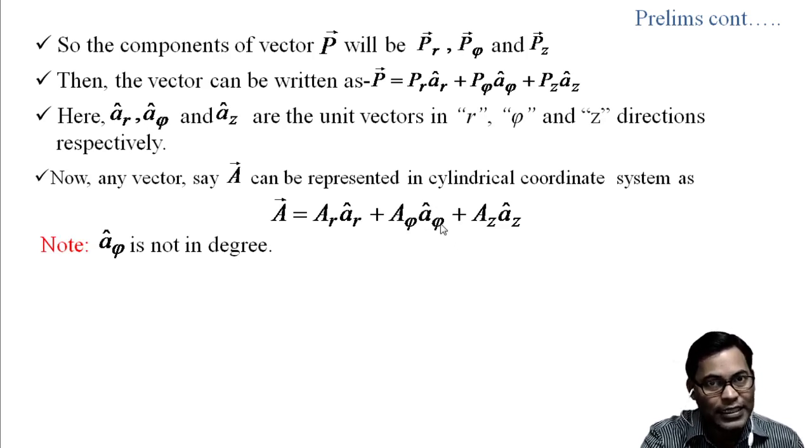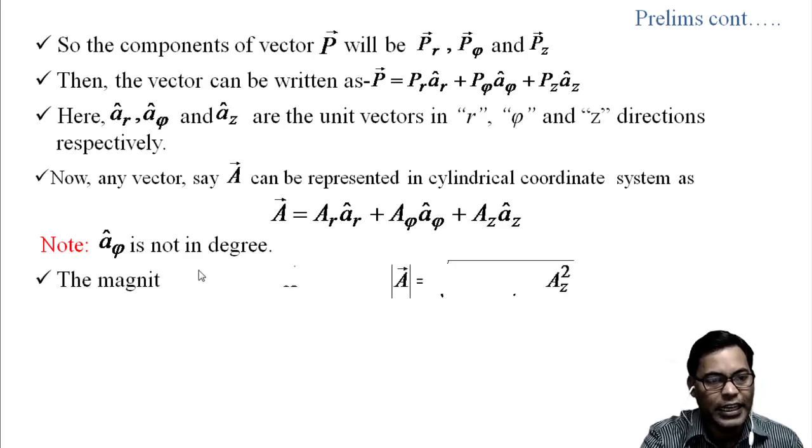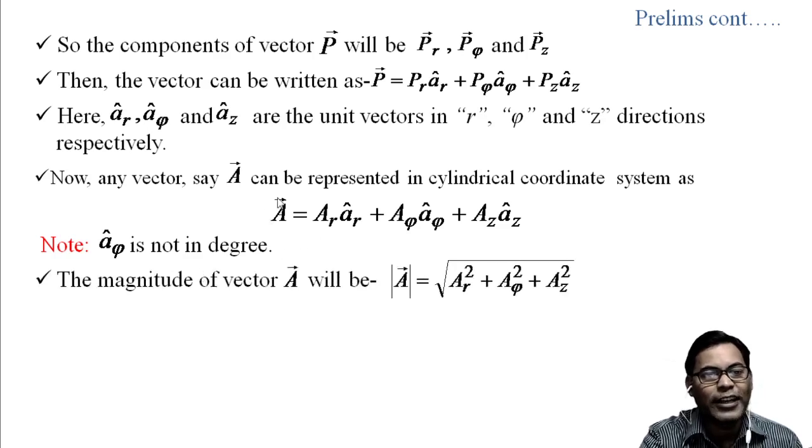The phi is in degrees, but a_phi is not in degrees, because a_phi will be the tangent at the point P. So here a_phi is not in degrees. Now as the vector A is a vector, we can find the magnitude of vector A.